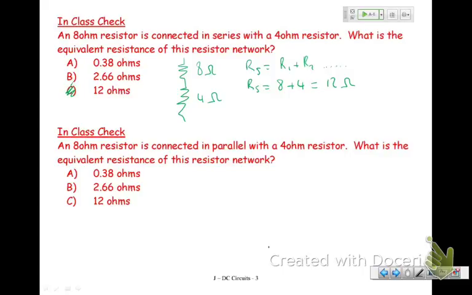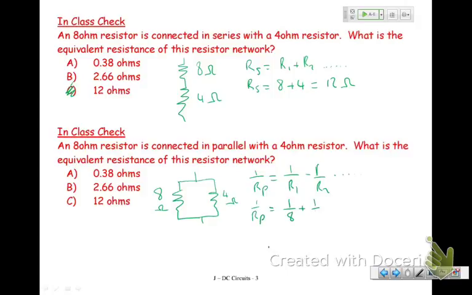Can you go to this next one, please? We'll do it together. An 8 ohm resistor is connected in parallel, so this is 8 ohm and this is 4 ohm. 1 over Rp is equal to 1 over R1 plus 1 over R2 ... So 1 over Rp is equal to 1 over 8 plus 1 over 4.